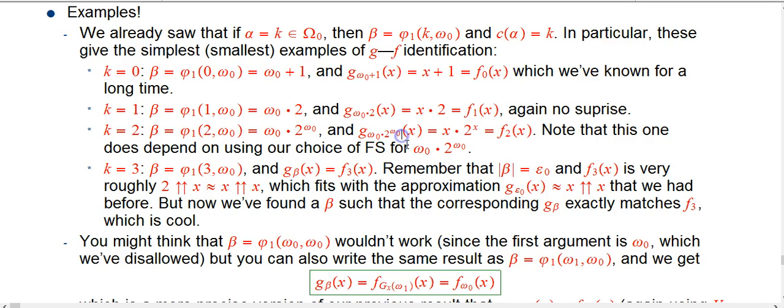And so we hadn't sort of taken advantage of that quite so systematically before. So here we're not just doing some random piece of ordinary arithmetic applied to omega naught, we're actually applying f2 itself, the x times 2 to the x function, to omega naught. And voila, we get f2 of x.